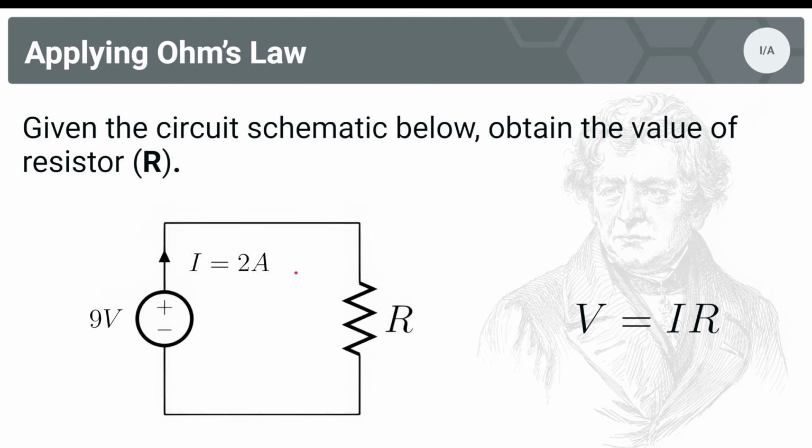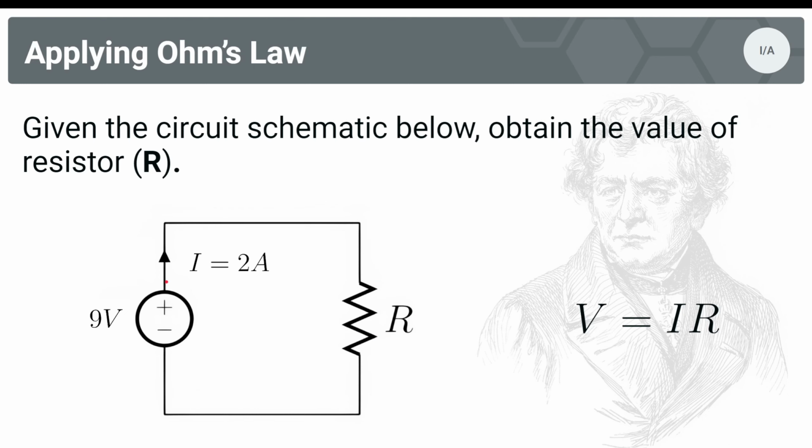All right, Ohm's law. Seems like we learned that ages ago, but now we're actually going to apply it. We have a circuit diagram. There's a voltage source and there's a resistor. The voltage source here is a 9-volt voltage source, and the resistor is of an unknown resistance.